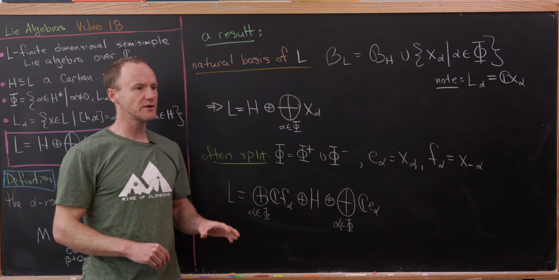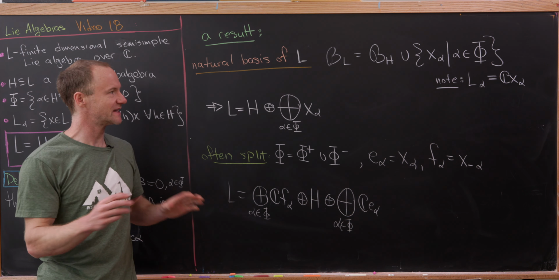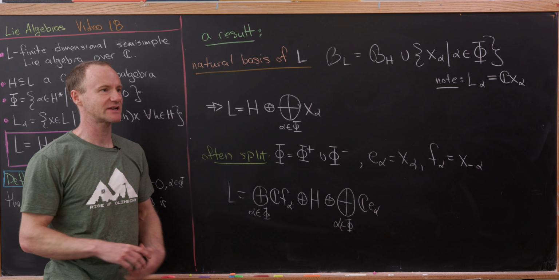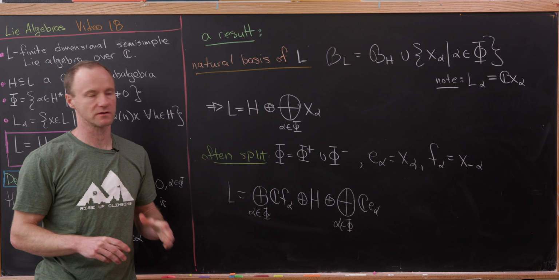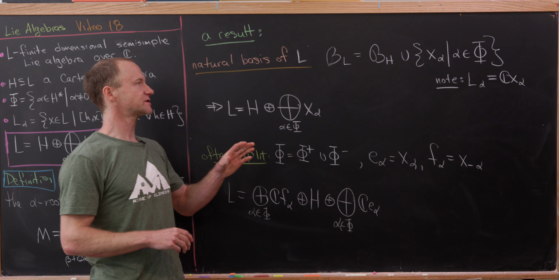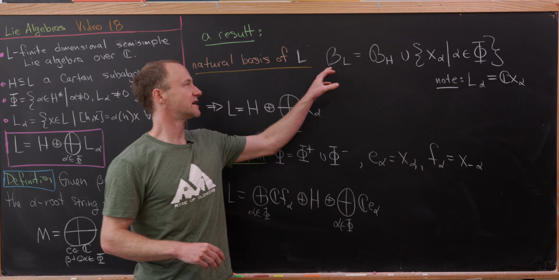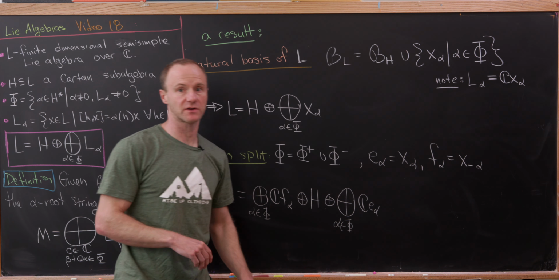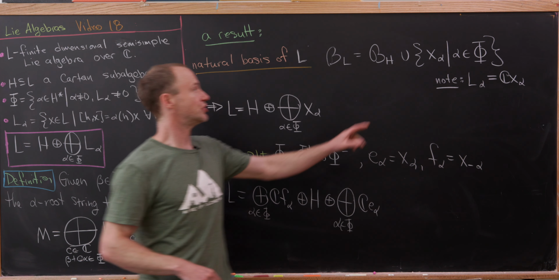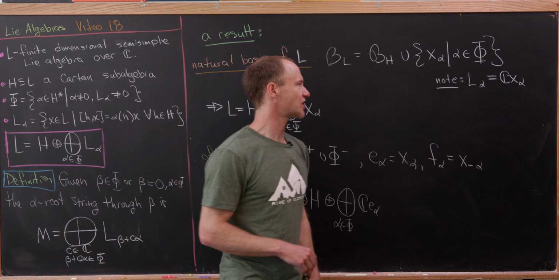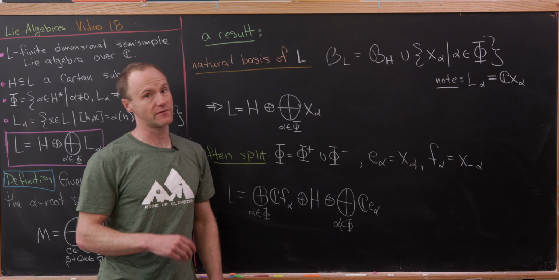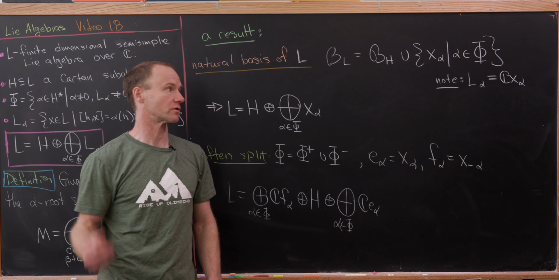So a result of that previous proposition is the following natural decomposition of our Lie algebra L. First of all, it has a basis given by the basis of the Cartan subalgebra union these vectors, which I'll call X alpha, where alpha ranges over all of the roots.